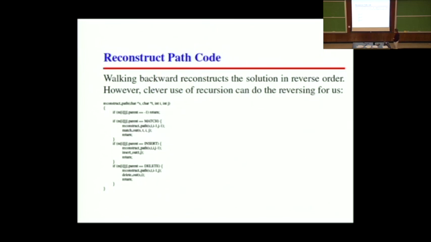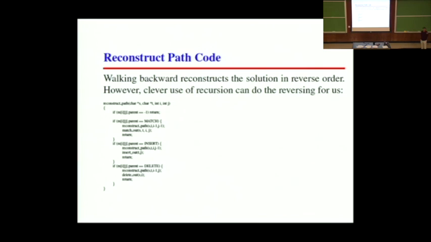If it ended on an insert, I will reconstruct the path up to i, j minus 1, and then output an insert. If it ended in a delete, I would reconstruct up to i minus 1, j, and delete.